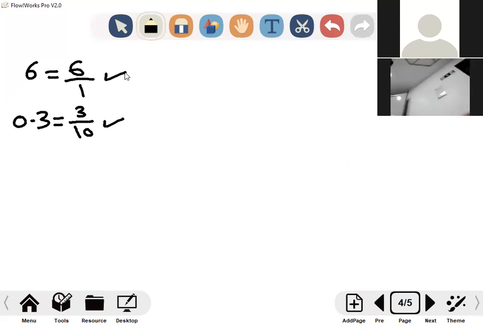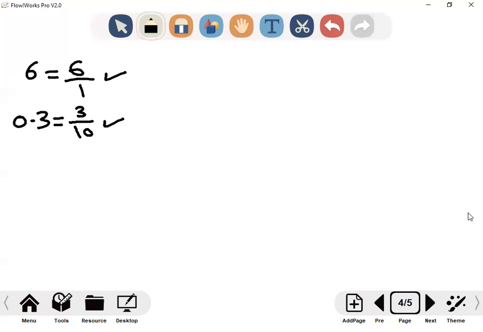In general, any number you can write as A over B is called a rational number. Decimals, yes, we can. So the decimals are originally rational.